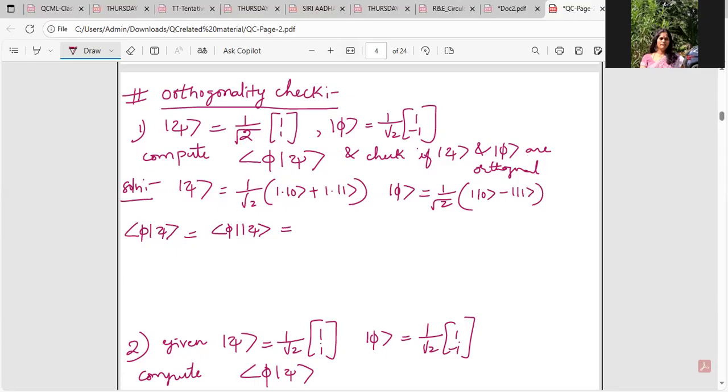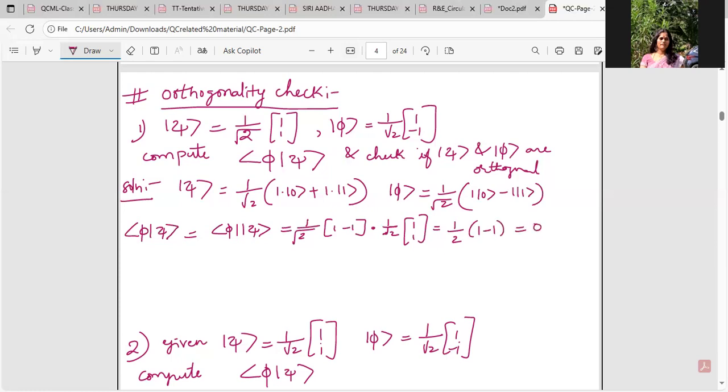The dual of ket phi is what I will write: 1 by root 2 times (1, minus 1). 1 by root 2 into 1 by root 2 gives me 1 by 2. Multiplying the vectors gives 1 into 1 minus 1, which is 0.